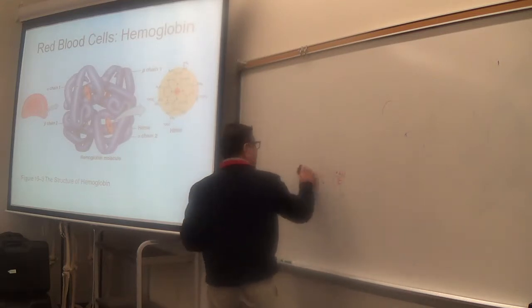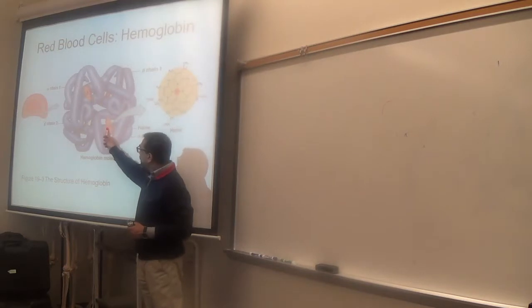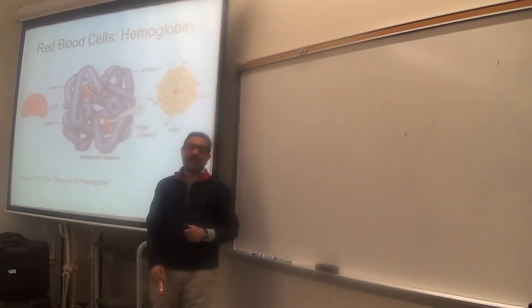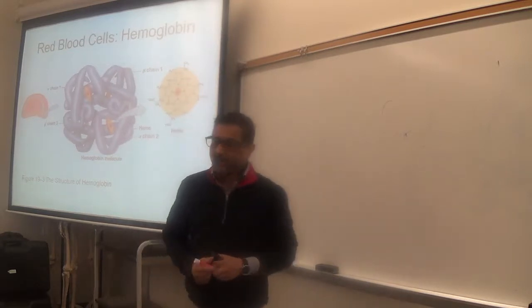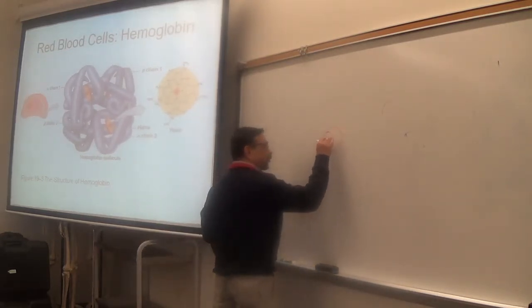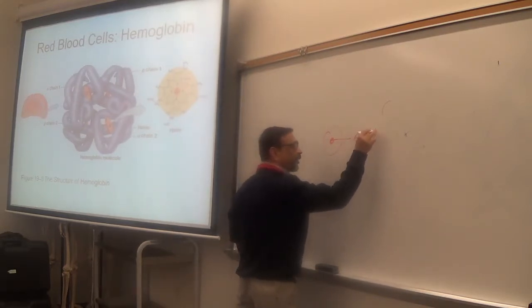In each heme, if you see the structure of a heme, it has iron in the center and other chemicals around it. So iron is in the center. So this is the hemoglobin. Here you have the iron in ferrous form. Remember, this is important.